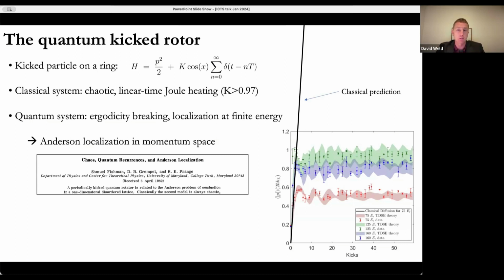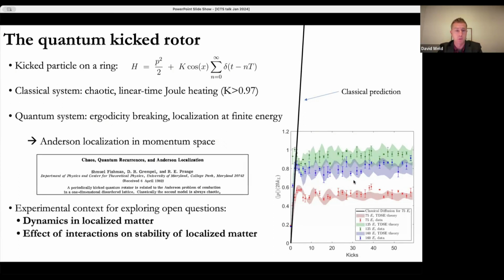But it turns out that the interplay between the momentum space lattice that the kicks drive the quantum system along and the quadratic kinetic energy, which offsets the chemical potential of those lattice sites, gives rise to an effective quasi-disorder, which drives localization. So it was Shmuel Fishman and collaborators who really first understood this, I think, as an example of Anderson localization, and as that being the reason why the system stops absorbing energy and momentum from the drive.